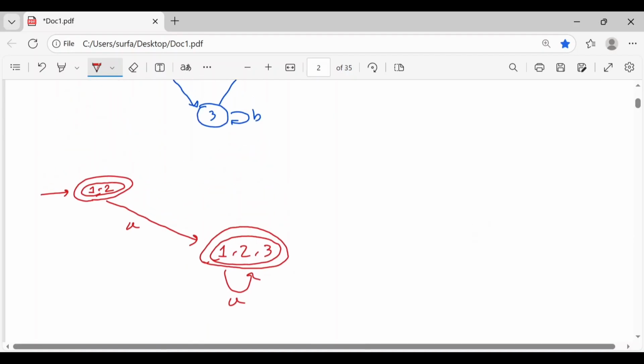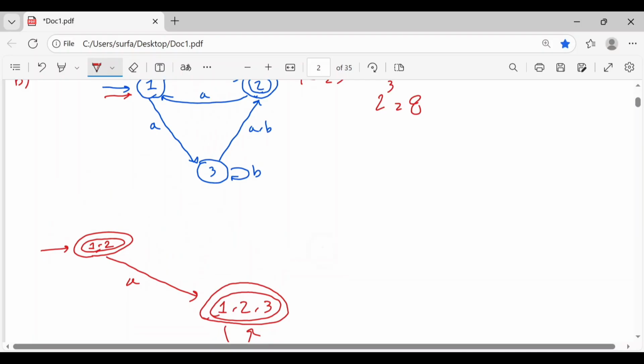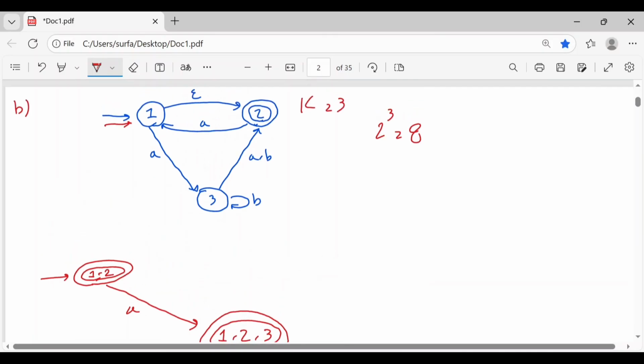Yes. And after that, for the first state that contains 1 and 2, if we see a b, for 1 we don't have any transition function with b, but if we use this epsilon transition here, we can go to state number 2, and after that again we don't have any transition function for the letter b.